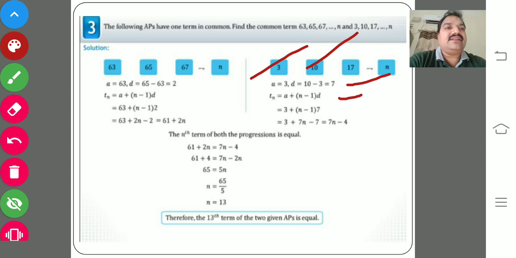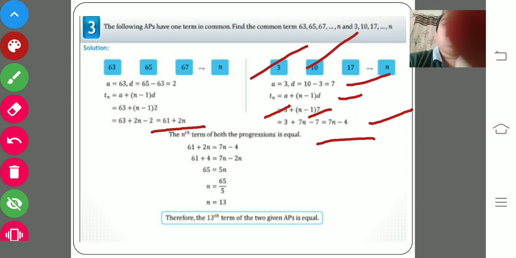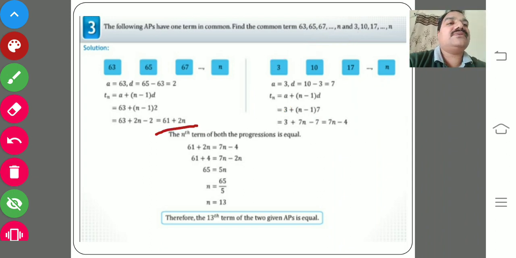Apply the general term Tn equals A plus n minus 1 into D, substituting A equal to 3 and D equal to 7, you get 7n minus 4. So here 61 plus 2n, and here 7n minus 4.